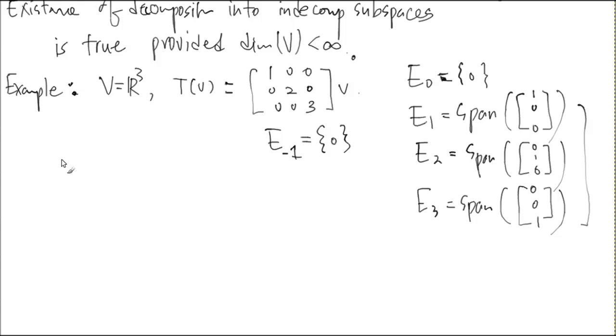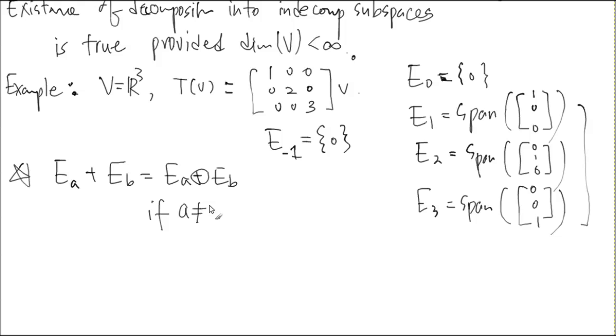If you choose any E_A and E_B, as long as A and B are different, this is supposed to be a direct sum. So if this is non-trivial, then you're going to have a direct sum of all different subscripts, so dimension 4, but we are inside dimension 3, right? Therefore, no more eigenvalues.